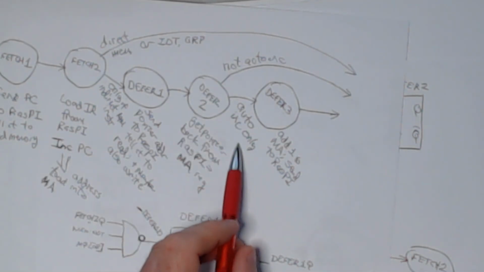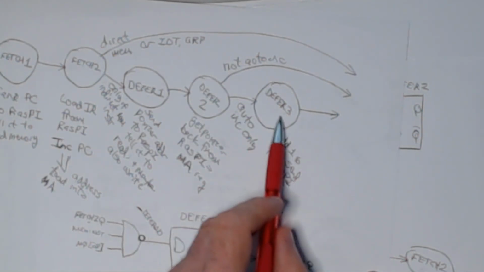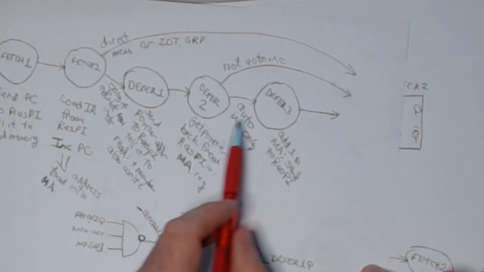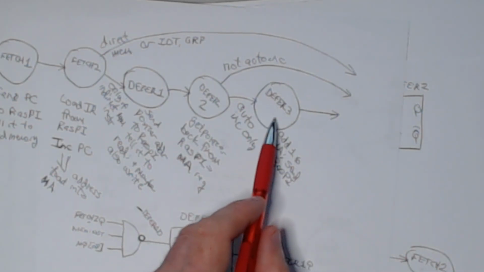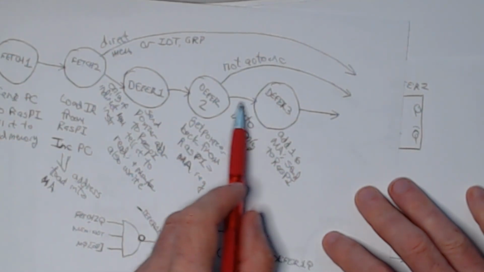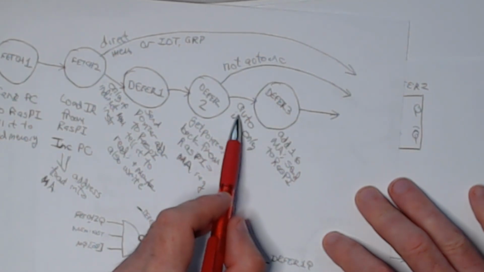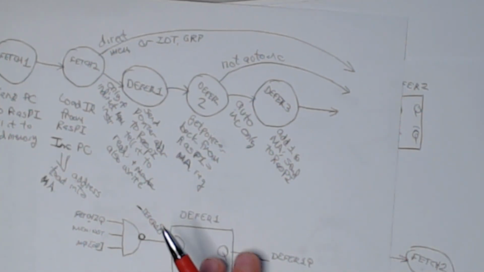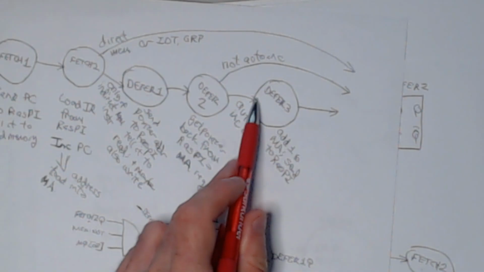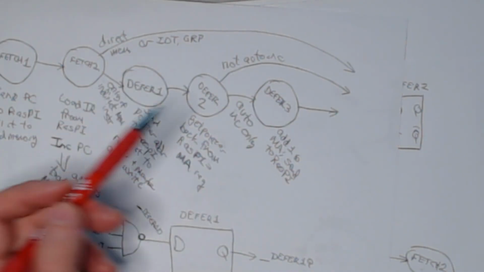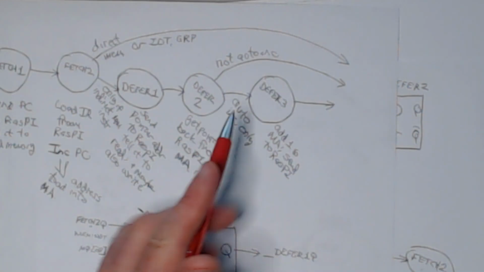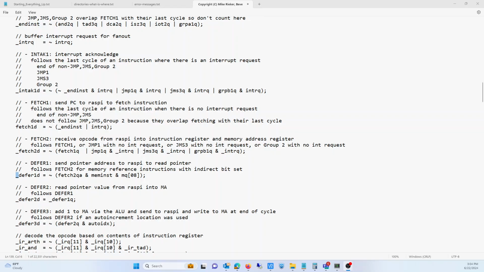Okay, auto increment only. So this defer 3, again, we can look again on the chart or on the source file, but this will have a little AND gate saying it had to be auto increment as well. And this is probably a NAND gate because we don't want to waste an extra triode. So let's check that out.